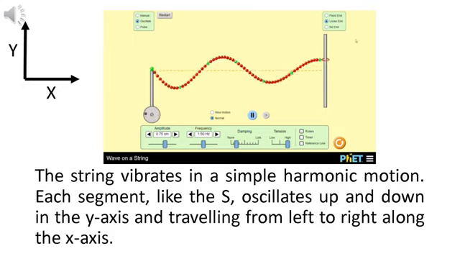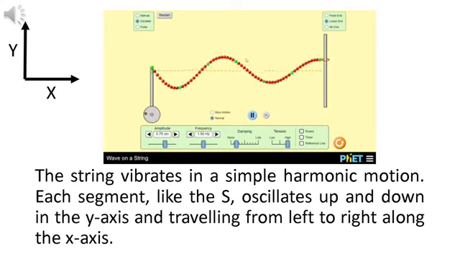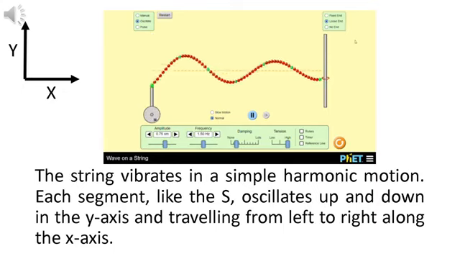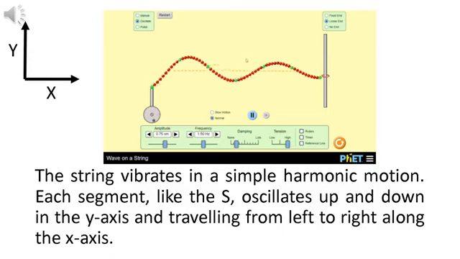So, each segment, like the S, oscillates up and down in the y-axis and traveling from left to right along with the x-axis. So, pag sinabi natin oscillates, repetitive motion.